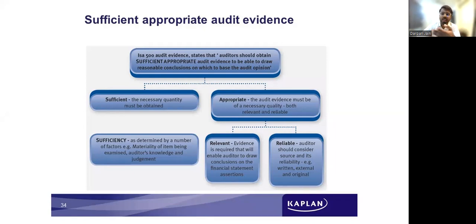The client is preparing the sales invoices. It's internal evidence. So in order to increase the amount of sales, the company can prepare fake or fictitious invoices just to increase the amount of sales in the books of accounts. So that is why external evidence is more reliable.